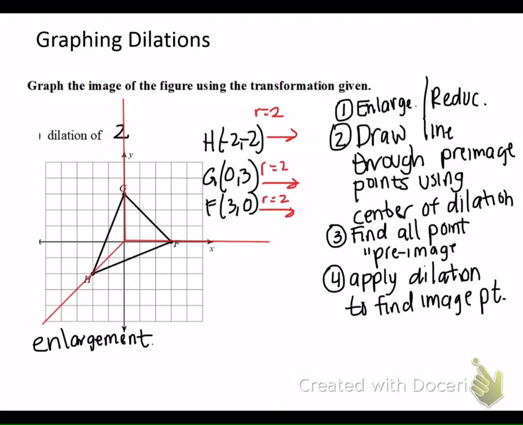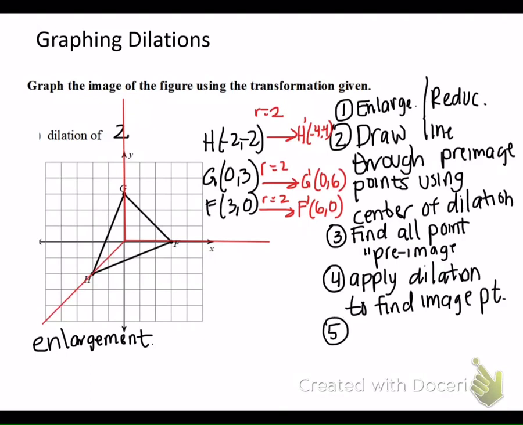What's H prime going to be? -4, -4. What about G prime? 0, comma... F prime, 6, 0, right? Yeah.